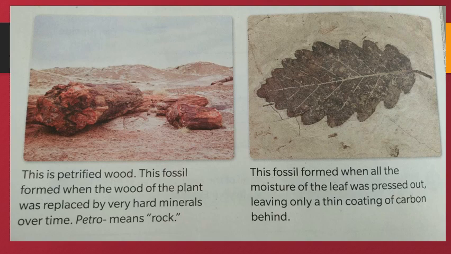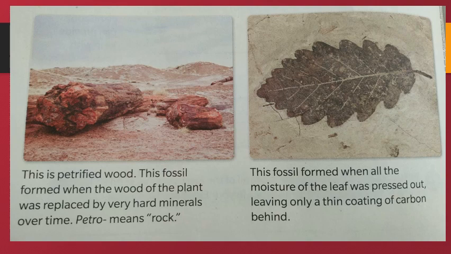The next picture, the second picture, look at the second picture carefully. This fossil is formed from a leaf. The leaf may have been under pressure, underground, it's old, it's dead, and the color has changed completely.